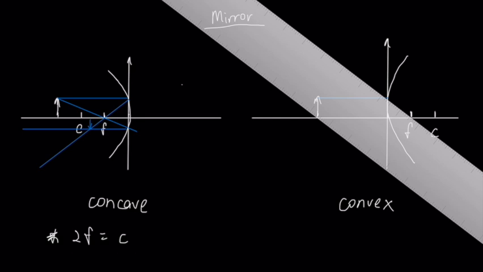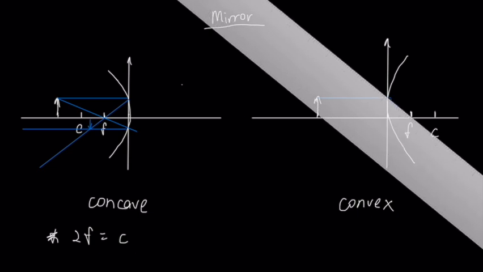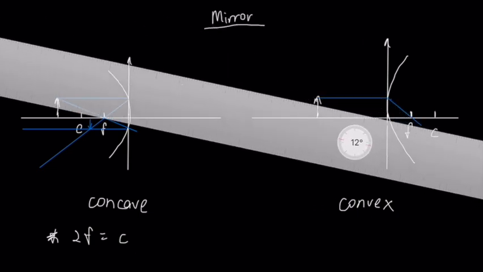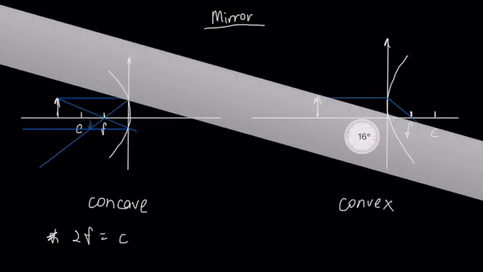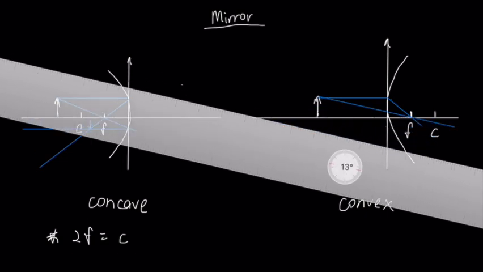Since the spherical shape is pointing outwards, the light actually goes through the mirror and then hits the focal length again. Okay, this will be the first step, and the second step is the same thing, where it will be hitting the focal length.